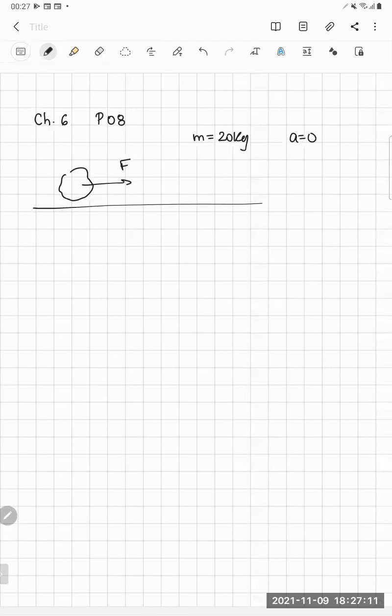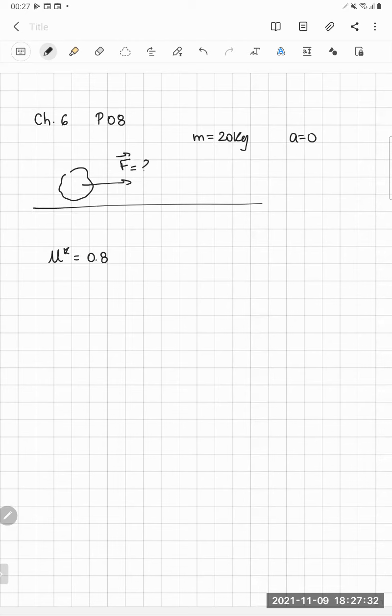What do they give us? The coefficient of kinetic friction, because there is motion, is 0.8. So given that, what is the magnitude of this force? That's all the problem is asking us.